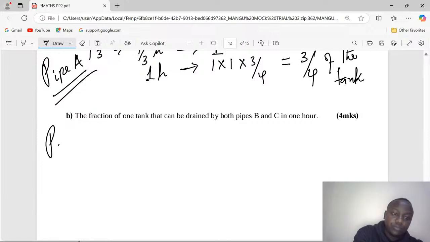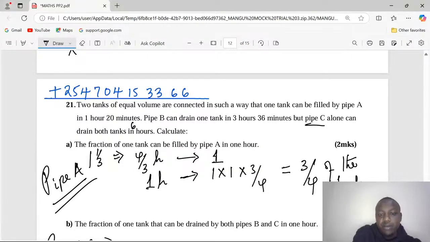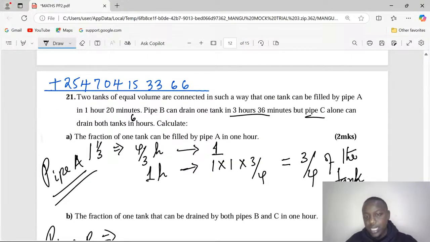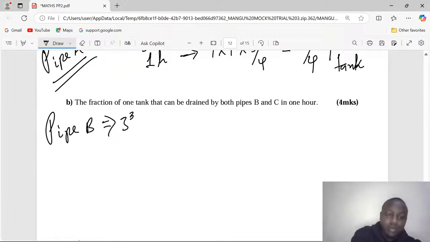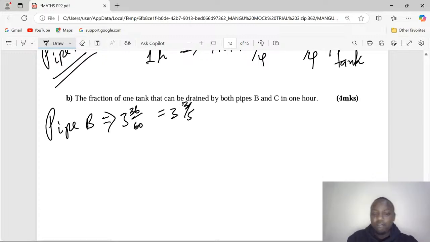Pipe B alone can drain one tank in 3 hours 36 minutes. The 36 minutes can be converted to a fraction of an hour: 36 over 60 is 0.6, so 3 over 5. So it is 3 and 3 over 5, which can be made an improper fraction, and that will be 18 over 5.